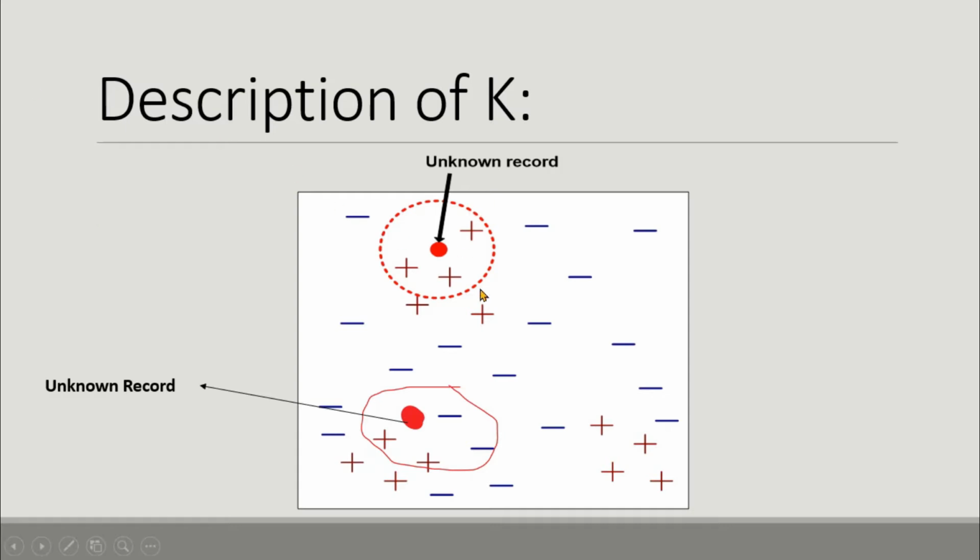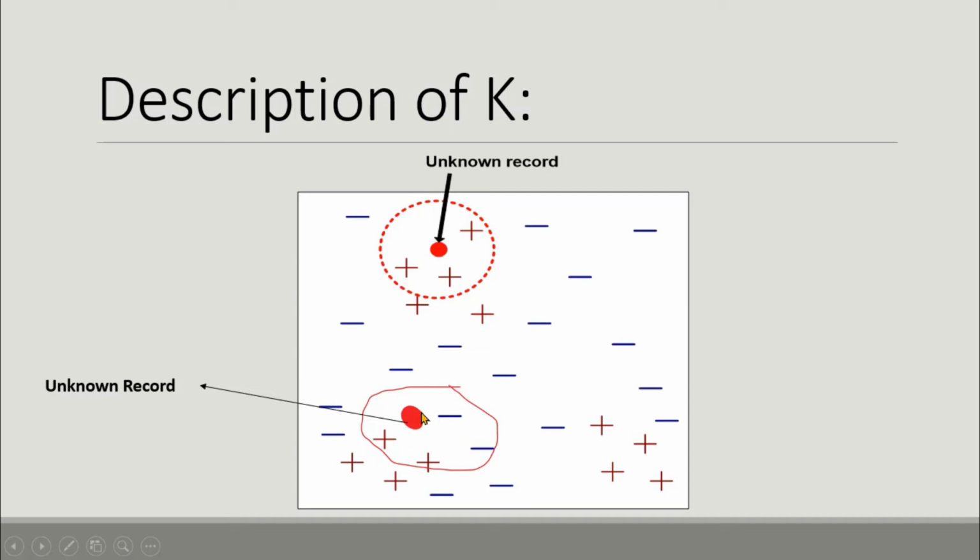In this circle, we can see that there is an unknown value. Also, there are three positive signs. So we can easily say that this unknown data is surely positive. In another circle, we can see another unknown value.